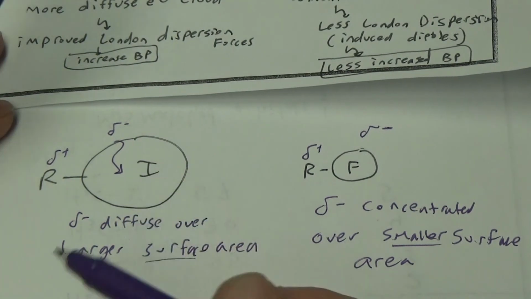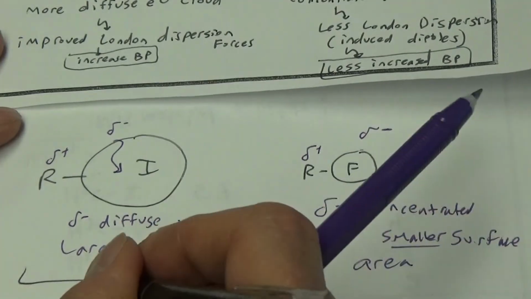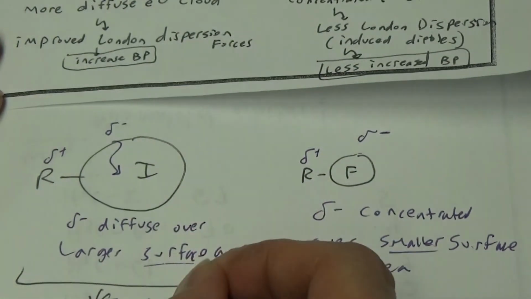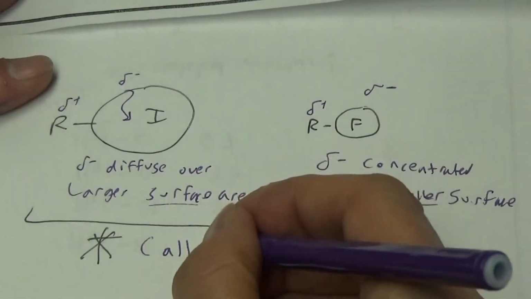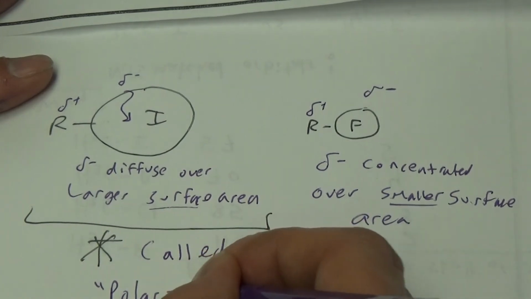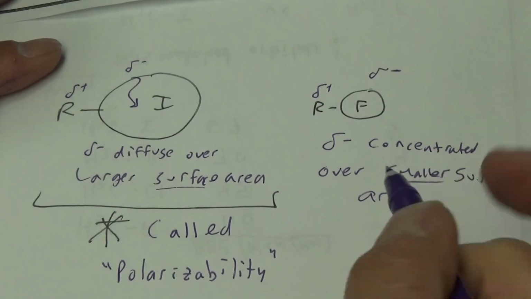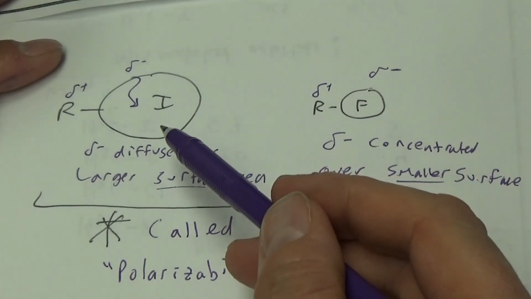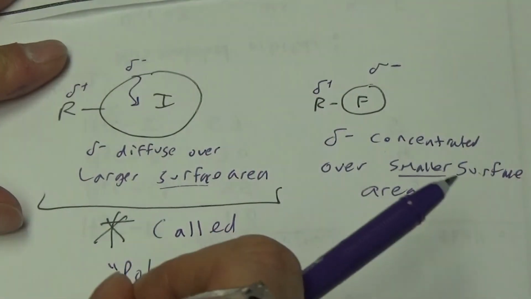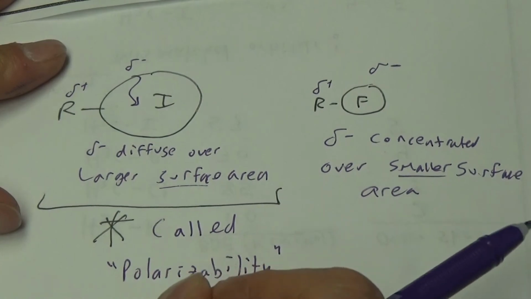Okay. All right. And I'm going to give another name for this. This one specifically, with iodide, we're going to call this polarizability. So when you have a huge atom like iodine on a molecule, like 1-bromo iodine, huge atom, right?